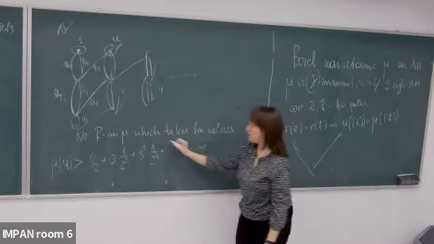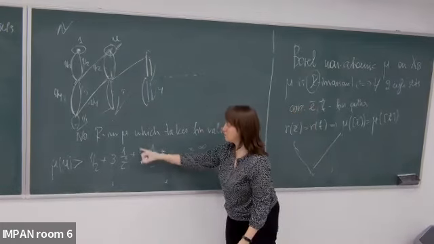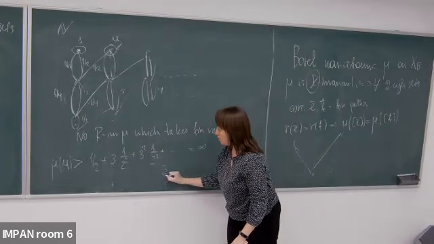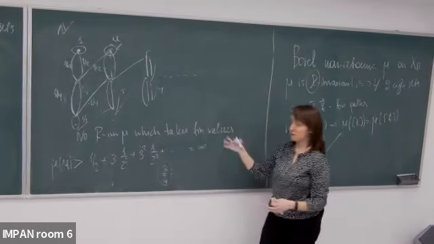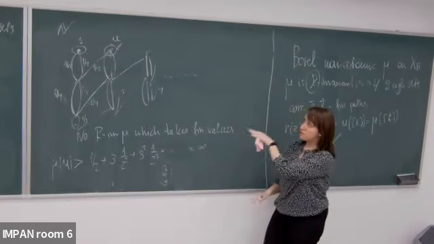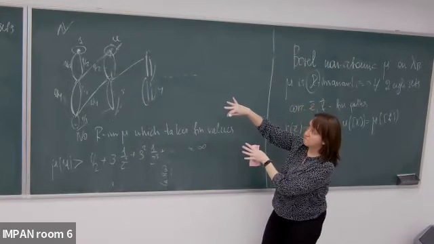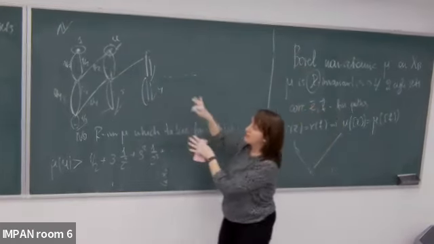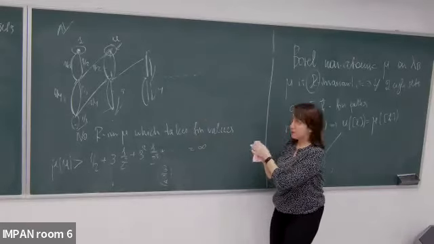Because it's a geometric progression where we multiply by 3/2 each next element. So such a diagram does not possess an invariant measure finite on cylinder sets.